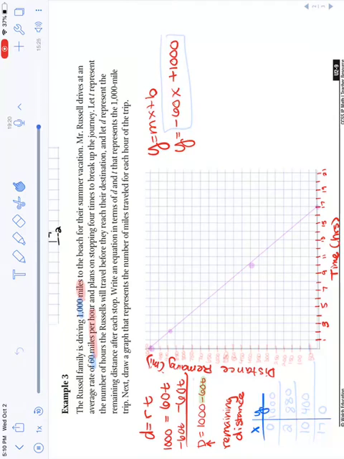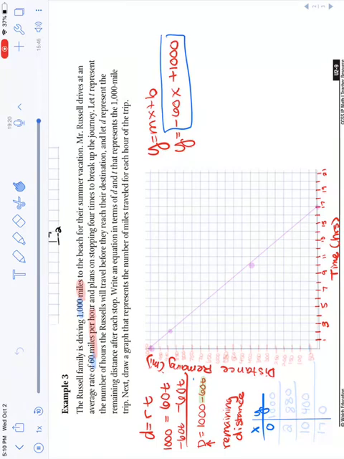So if you plug in 0, what would your output be? Well, use the table of values on your graphing calculator and type in this function. Type in negative 60x plus 1,000. Type that into your y equals.